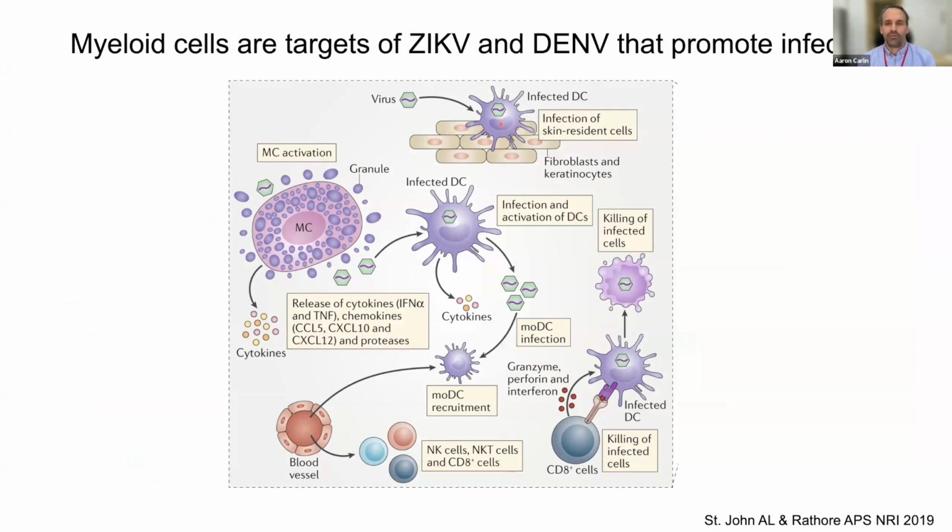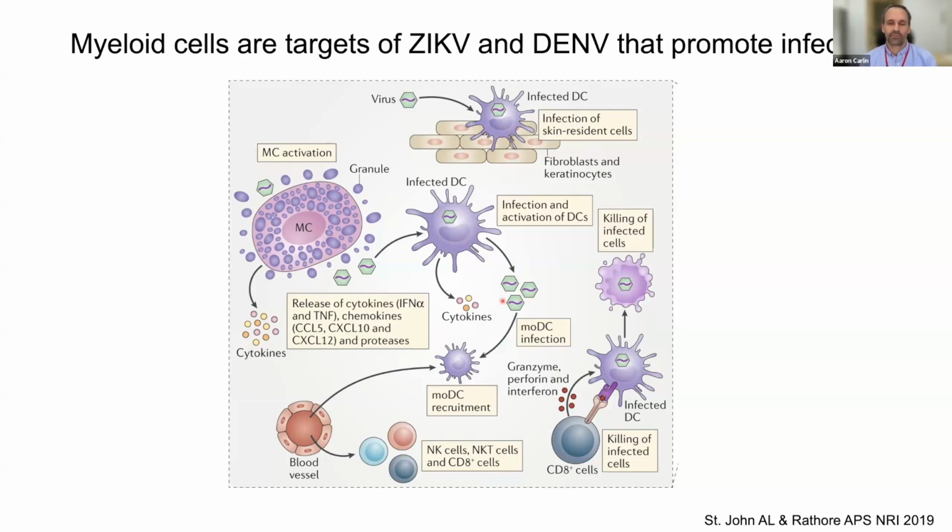And so resident DCs are infected early in infection. Those infected DCs propagate virus, are thought to make cytokines that recruit other innate immune cells into this area, which are then infected. And these can also move back into the lymph nodes and lymphatics to drive systemic spread of the virus.